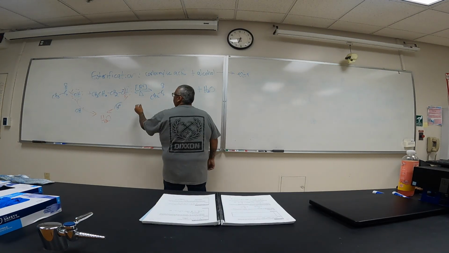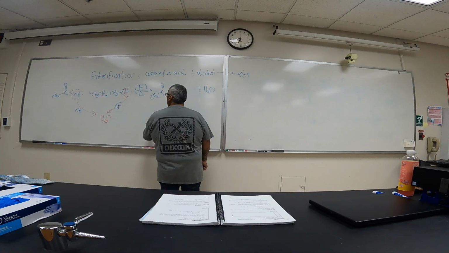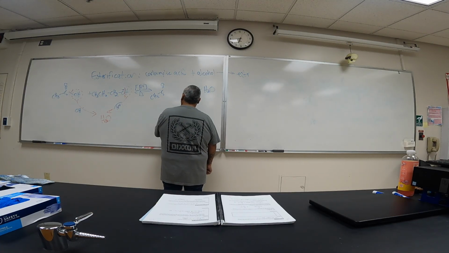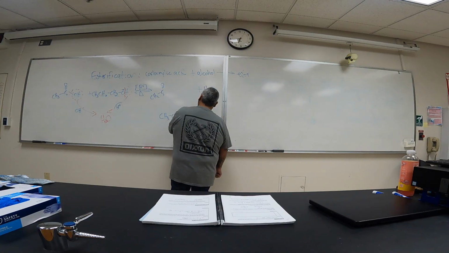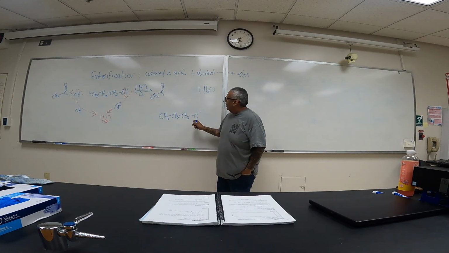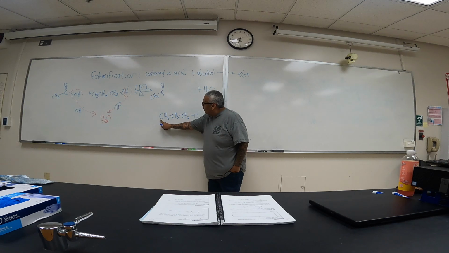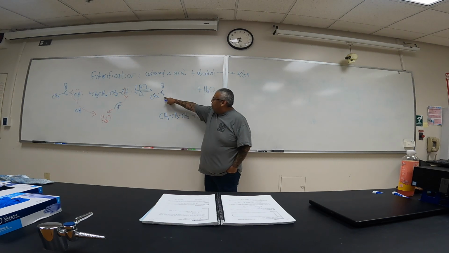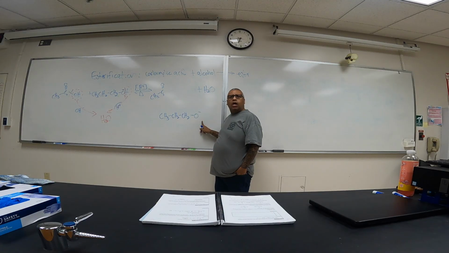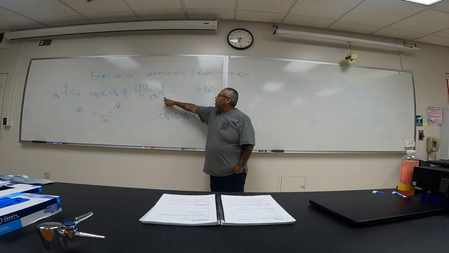Now, I'm just going to write this down here real quick. Would it make more sense to take this carbon and bond it to this carbon, or to take this negatively charged oxygen and bond it to this positively charged carbon?